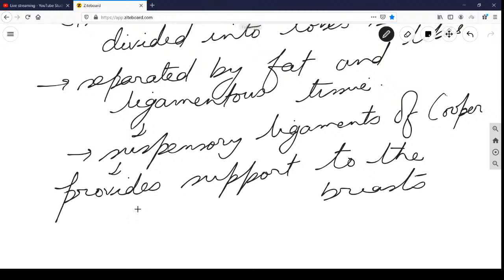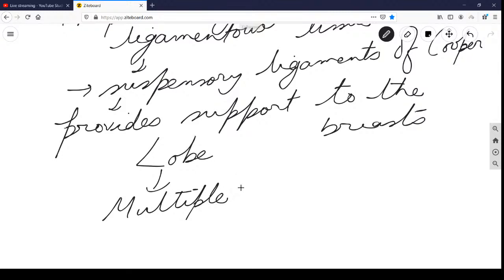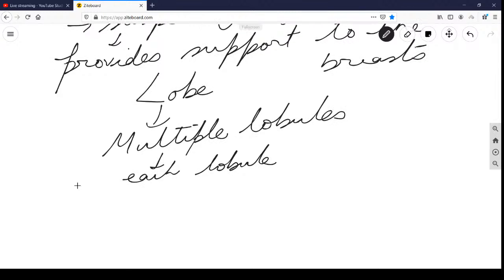So each lobe is made up of multiple lobules, and each lobule is made up of multiple alveoli.